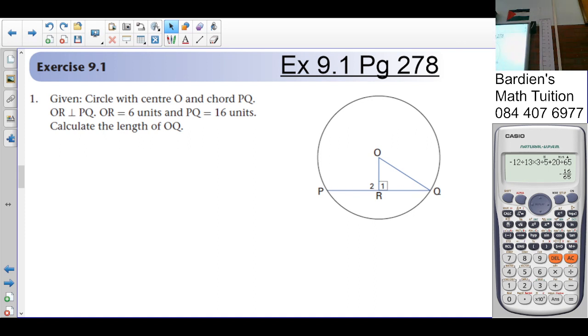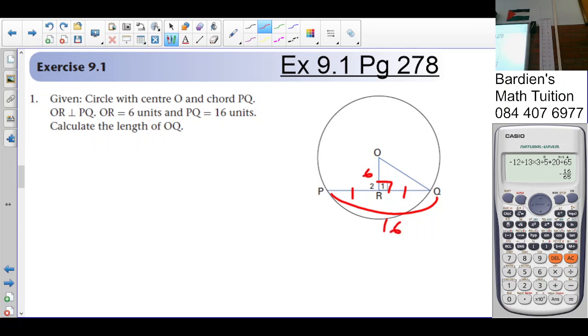So in exercise 9.1, we are told, given a circle with center O and chord PQ. We are told that OR is perpendicular to PQ. So what do we know? We know that PR is equal to RQ. Why? Perpendicular from center to chord. Then we are told that OR is 6 and PQ is 16.